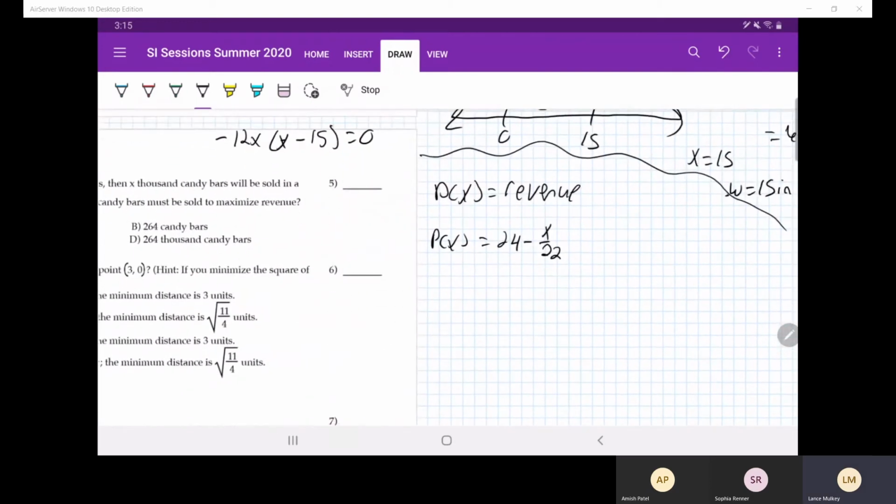So when you want to maximize, you have to take the derivative. It equals -1 over 22. And I don't think this is how you work this problem at all, personally.